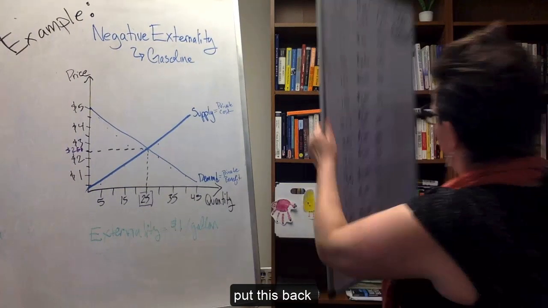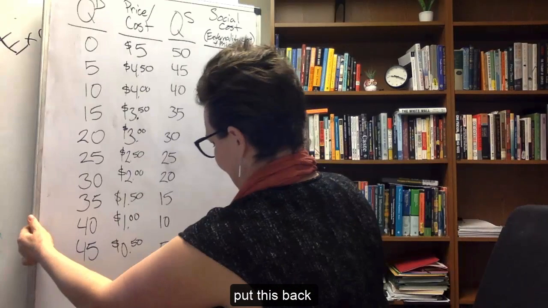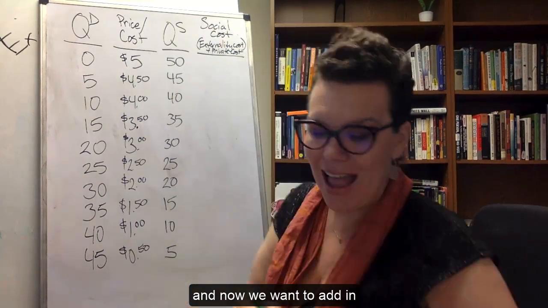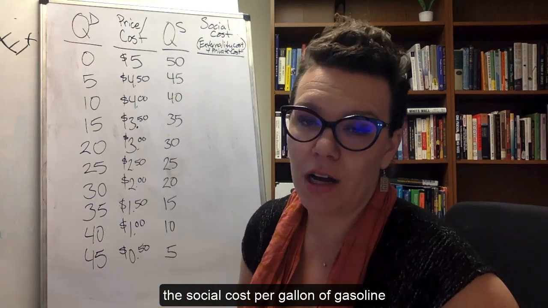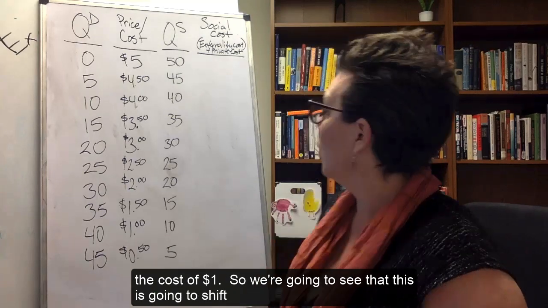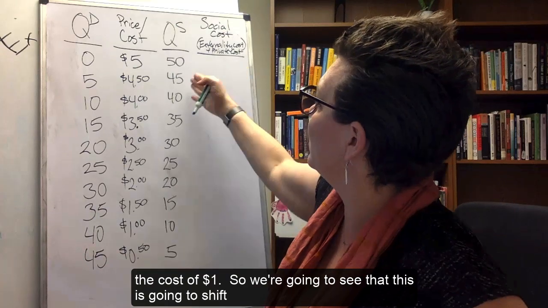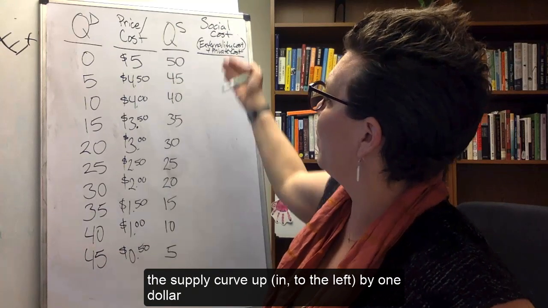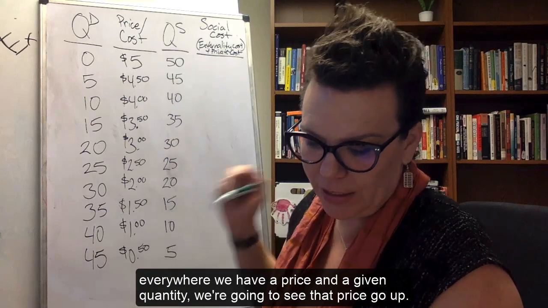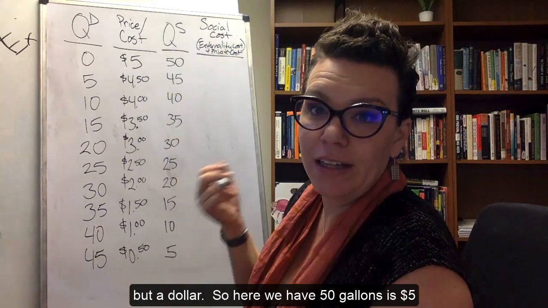So let's put this back. And now we want to add in the social cost per gallon of gasoline of $1. So we're going to see that this is going to shift the supply curve up by $1. So everywhere we have a price and a given quantity, we're going to see that price go up $1.